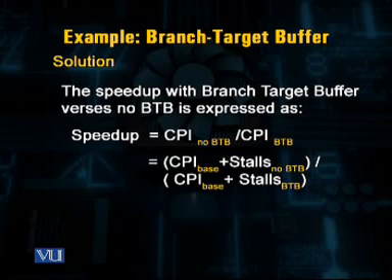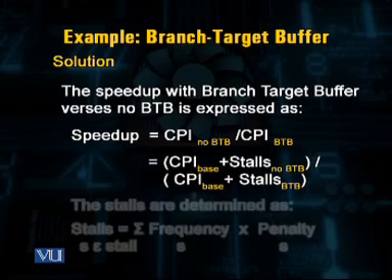The clock cycles per instruction without any branch target buffer is equal to the base clock cycles per instruction plus the stalls for no branch target buffer, whereas the clock cycles per instruction with branch target buffer is equal to the base clock cycles per instruction and the stalls with branch target buffer.